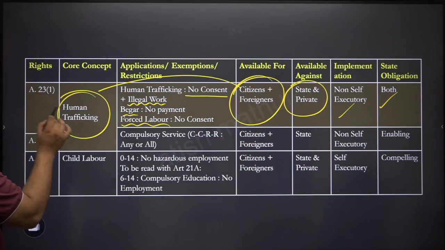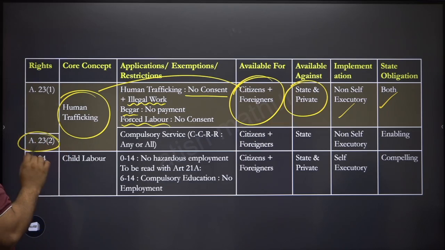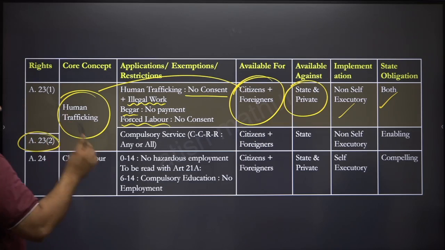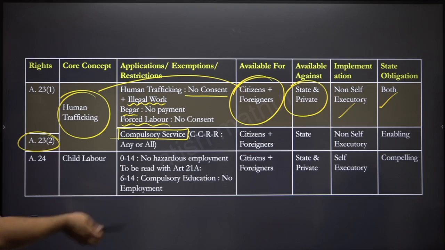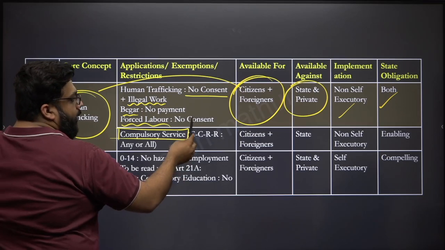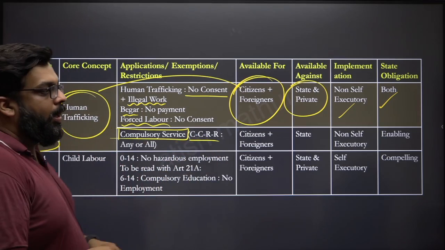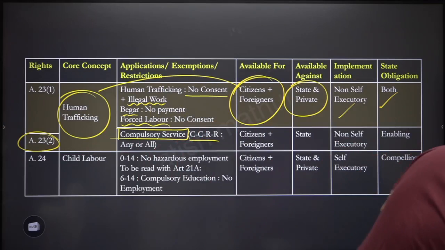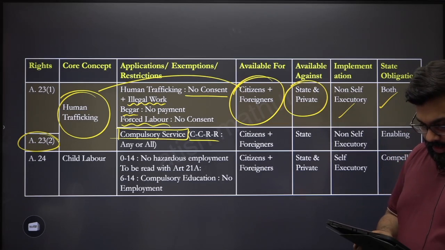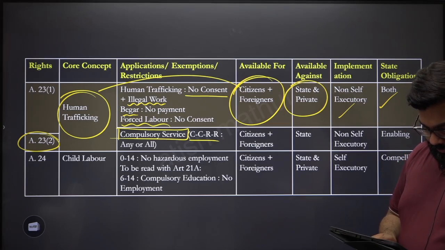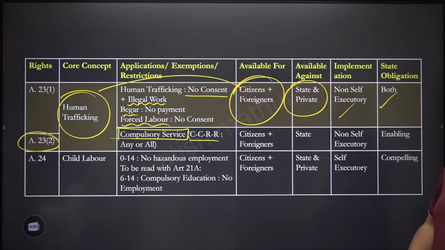Now, having said that, if needed, under Article 23 Clause 2, the state can also provide for compulsory service without any discrimination on these reasons, which is CCRR: caste, religion, race, and class.